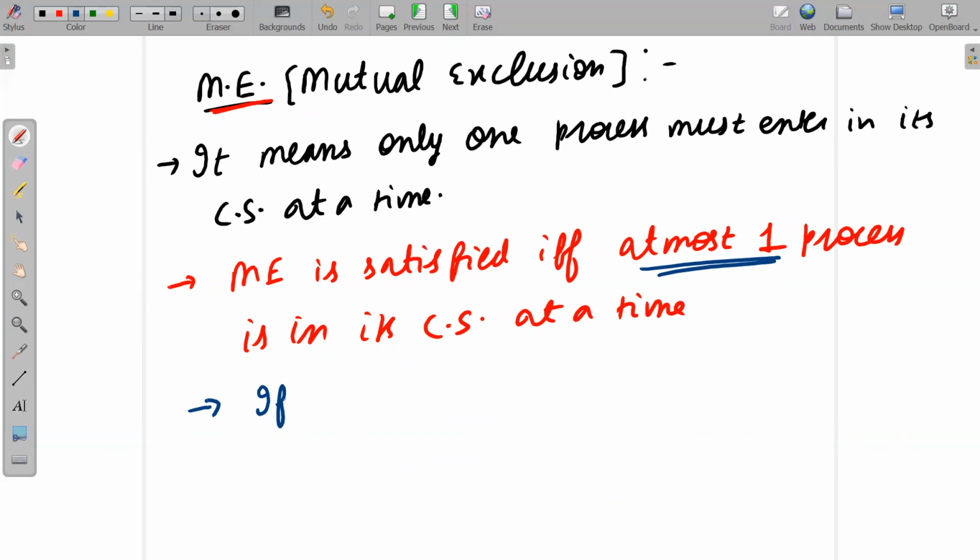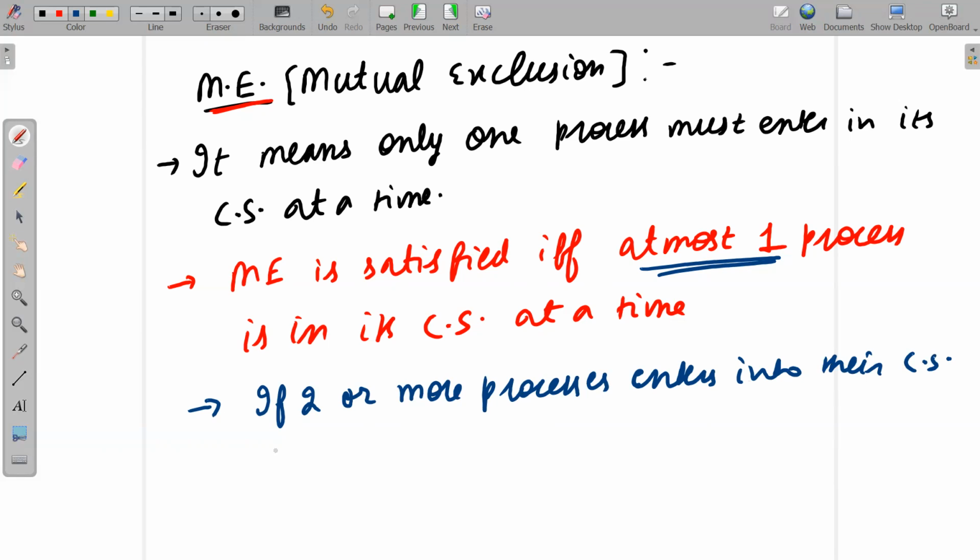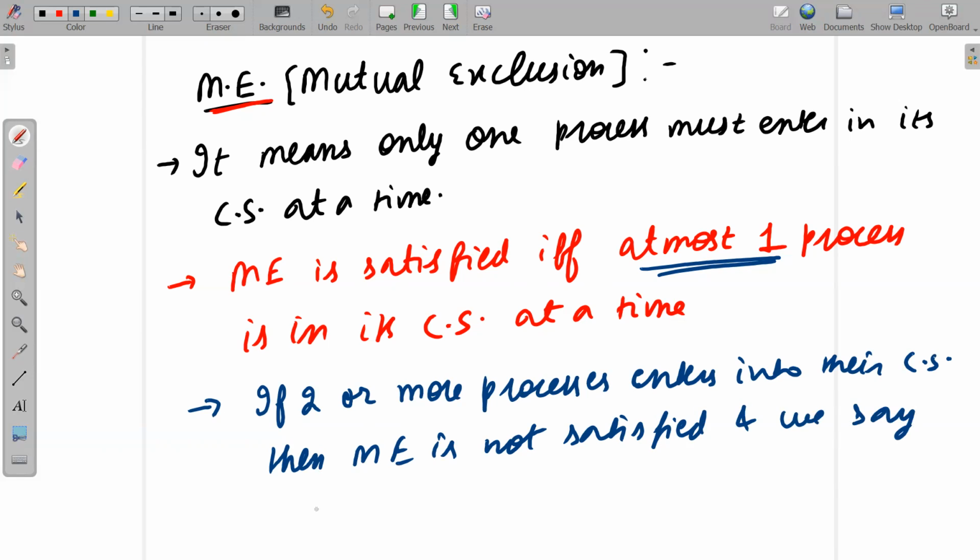So if two or more processes enter into their critical section, then ME is not satisfied, and we say a race condition has occurred. I'm repeating again and again: if you do not know what a race condition is, please watch my previous lecture. I will not explain it here, otherwise it will simply waste our time.